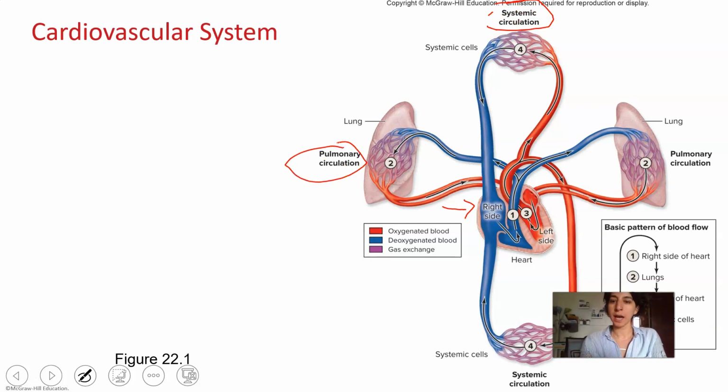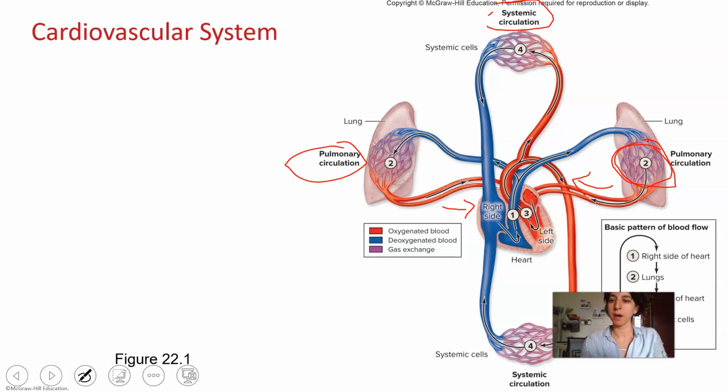So if we look at this diagram, what systemic circulation is doing is it's taking oxygen-rich blood, which it gets from the lungs, right? Because we inhale, pick up oxygen through these capillary beds. We'll get more into detail about blood vessels later on, but these capillary beds are where gas exchange happens.